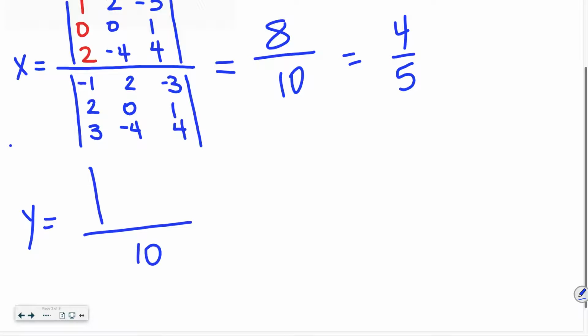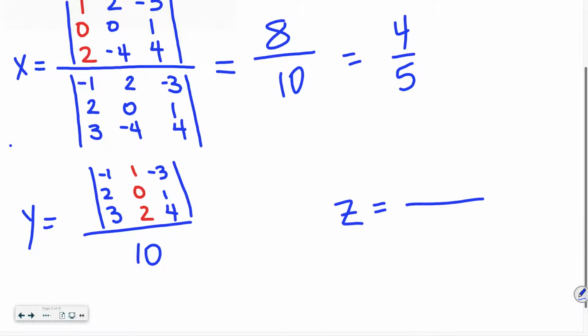Okay? And when we go to find y, we are going to take the middle column, the y column, and replace it with the constants and keep the x and z column the same. When we go to find z, like you said, our denominator will be 10.